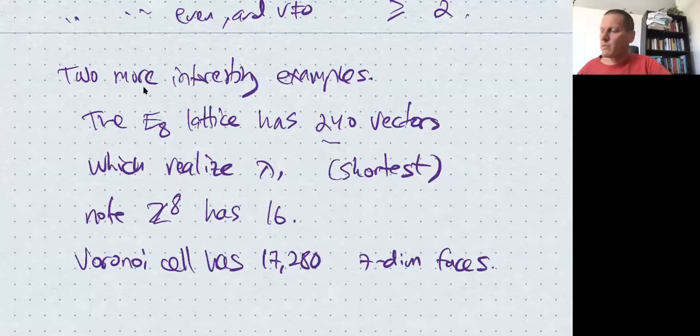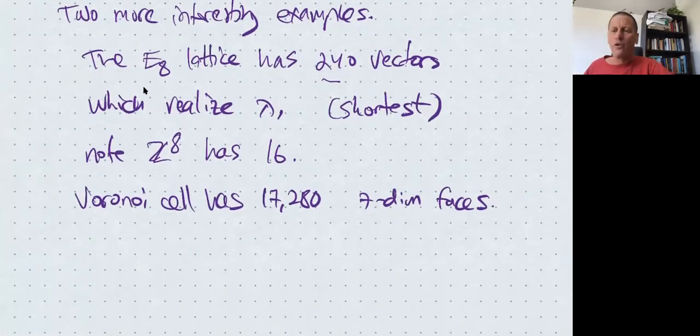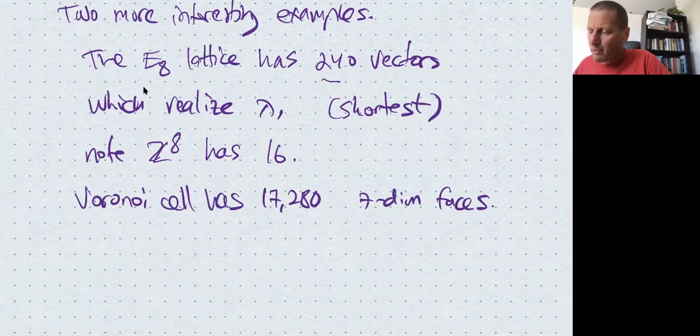So what this means, remember, what is the Voronoi cell? Every point is in a Voronoi cell if it's closer to the origin than to any other point of the lattice. So these are all the points that are quite close to the origin.